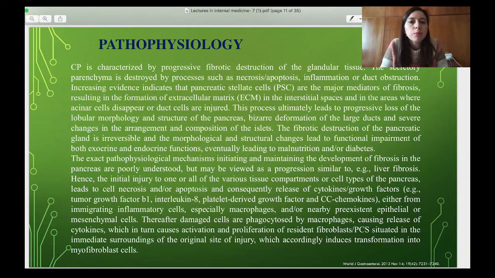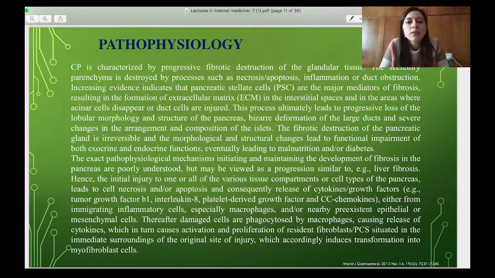The exact pathophysiological mechanisms initiating and maintaining the development of fibrosis in the pancreas are poorly understood, but may be viewed as a progression similar, for example, to liver fibrosis.